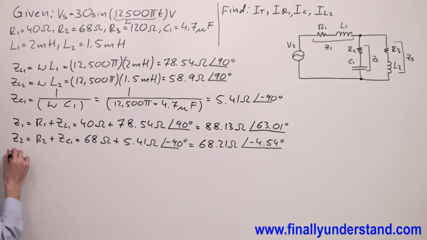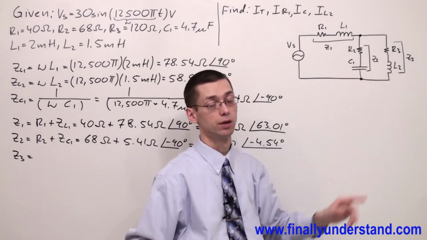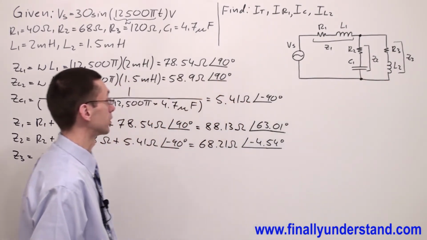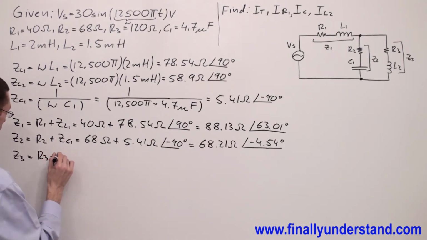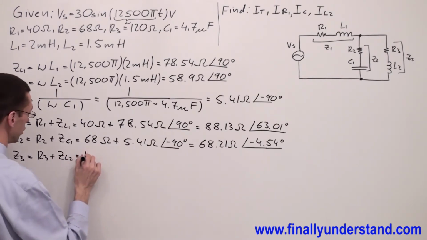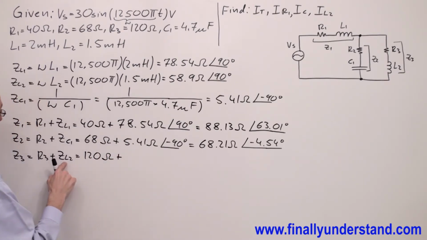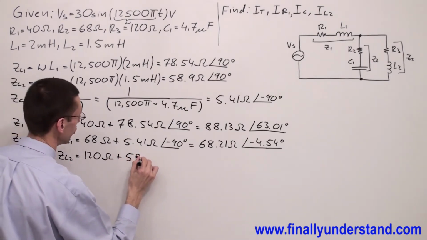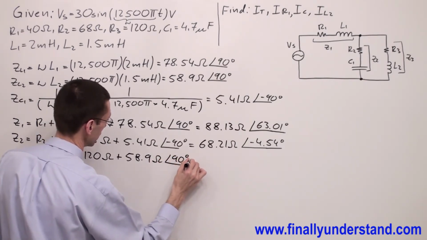Next, I'm supposed to find impedance Z3. Again, we have series circuit. R3 is in series with the inductor L2. Okay, so I have R3 plus ZL2, where R3 is equal to 120 ohms plus ZL2 58.9 ohms and angle of 90 degrees.